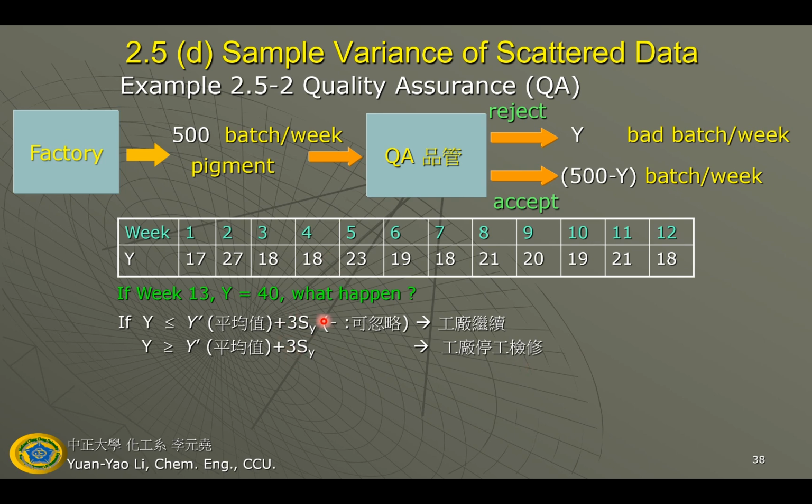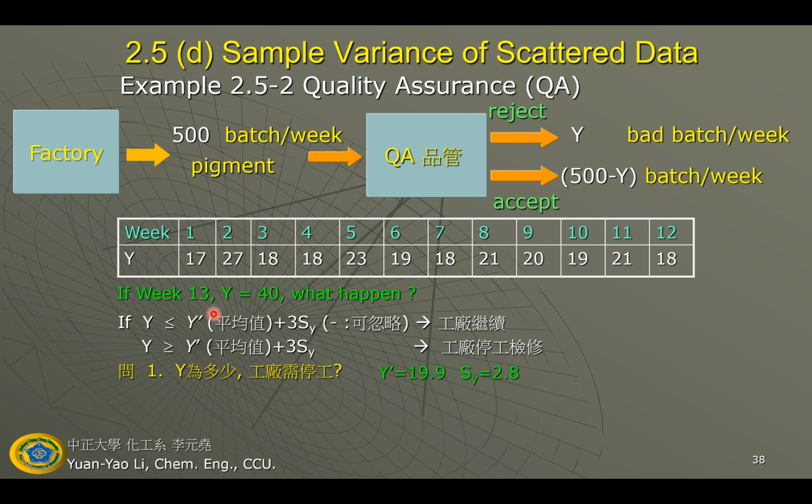Okay, so the question of this is, let's find out what's the S here. So you need to find out Y, which one. So under 3 standard deviation, Y prime, if you count this, Y prime is 19.9, and the standard deviation using this number is 2.8.